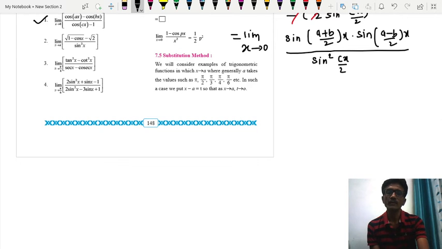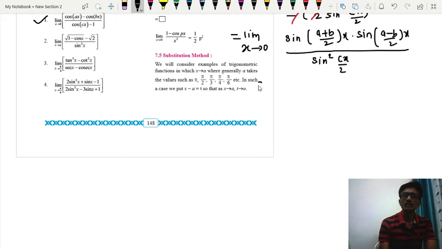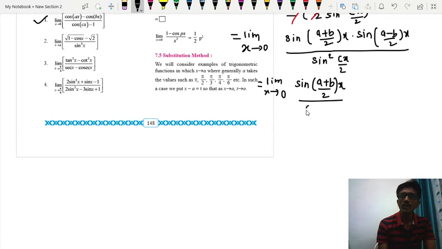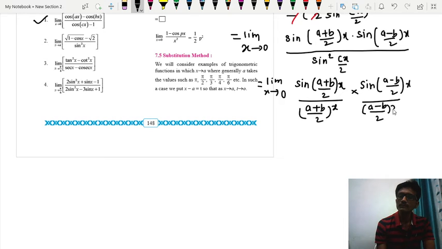So it gives us limit x tends to 0 of sine of (a plus b)x upon 2, divided by x, so we write (a plus b) upon 2x, into sine of (a minus b)x upon 2, and here also we write (a minus b) upon 2x.